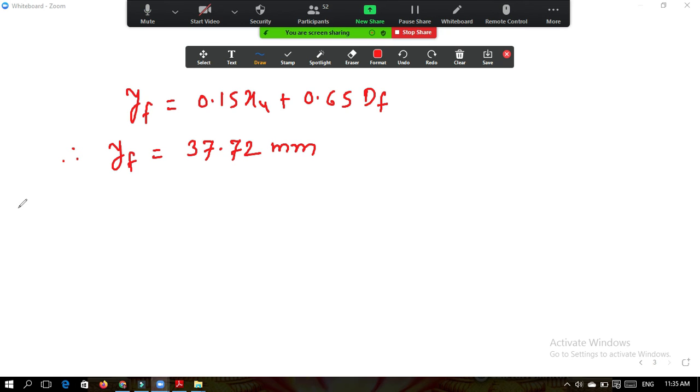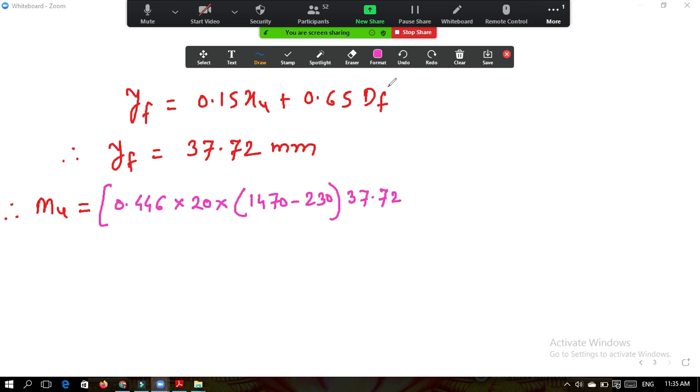So Mu is equal to 0.446 into FCK, which is 20, into BF minus BW, 1470 minus 230, into YF, which is 37.72, and now into the lever arm, D minus YF by 2, so 400 minus 37.72 by 2.